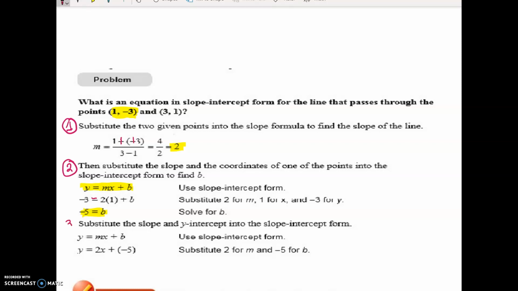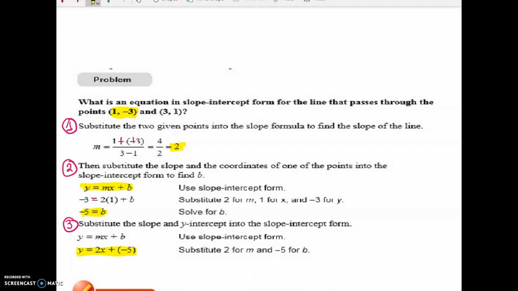Then our third step is to substitute those 2 answers into the slope-intercept form. So here now we can write our equation. This equation has a slope of 2 and a y-intercept of -5, and it goes through the 2 points that were given in the original question.